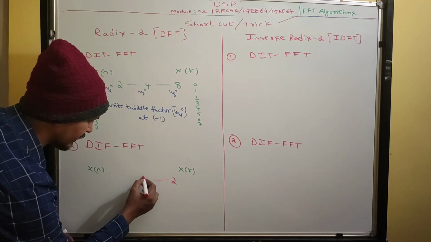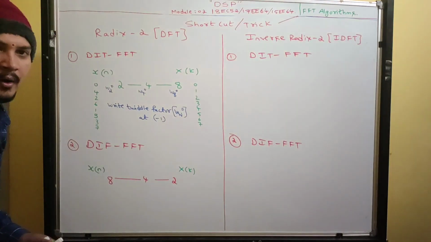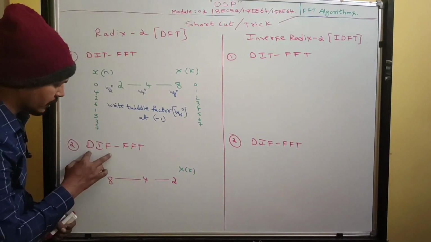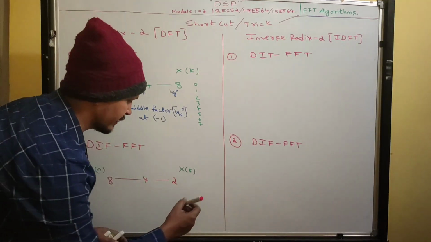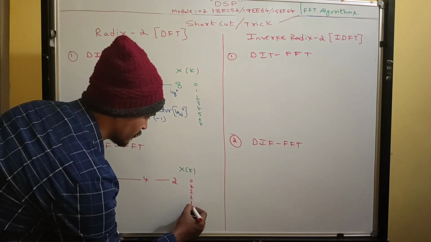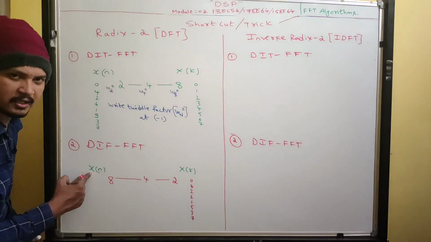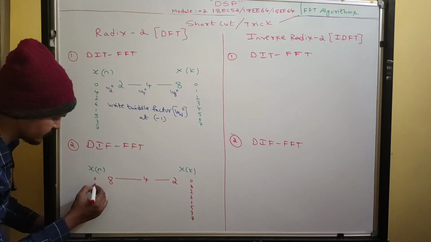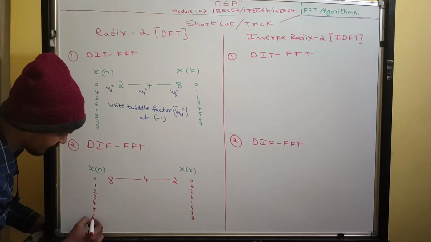After 2-point you write 4-point. After 4-point you write 8-point. Now what is decimated? Frequency. So frequency is in decimated order: 0, 4, 2, 6, 1, 5, 3, 7. What about x of n? Time domain is in correct order: 0, 1, 2, 3, 4, 5, 6, 7.